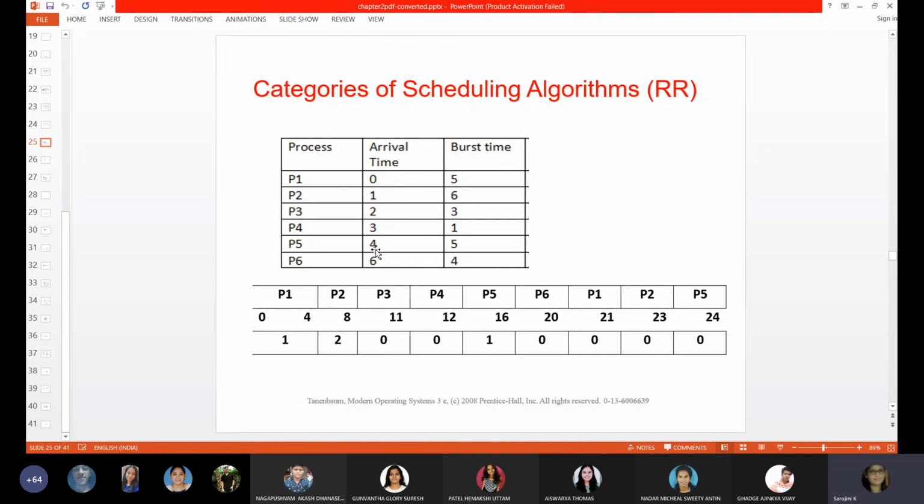Here there is no shortest job first; only FCFS will be applied to choose the process. So process P2 came next. Its CPU burst time is 6 milliseconds. P2 entered at the 4th millisecond and used the CPU until 8 milliseconds, but 2 more milliseconds remain, so it must be evicted.